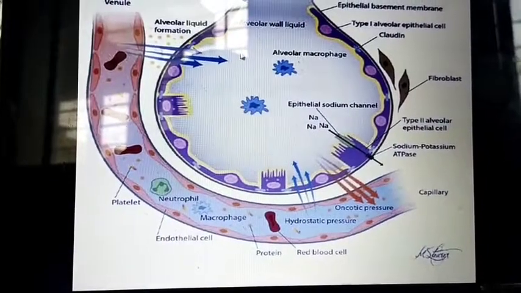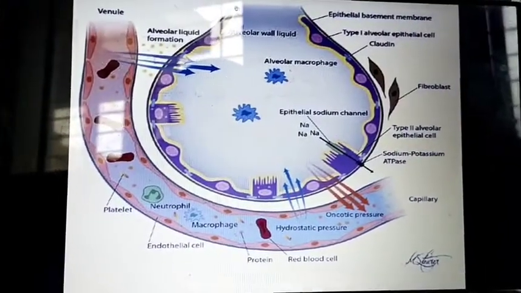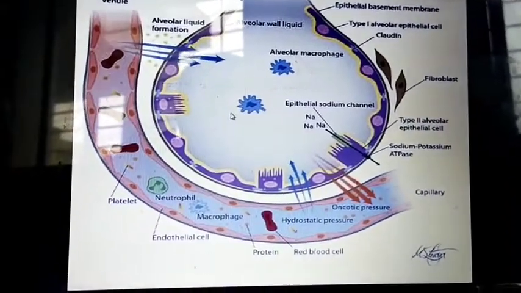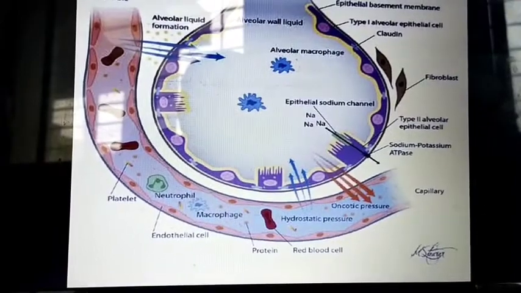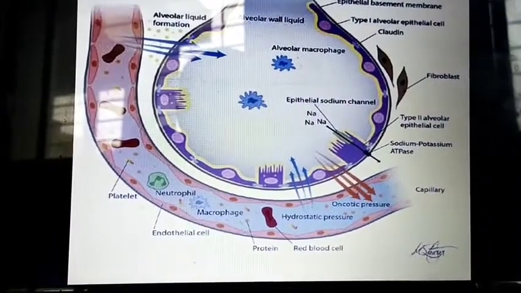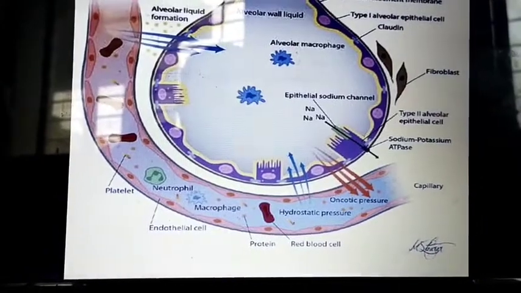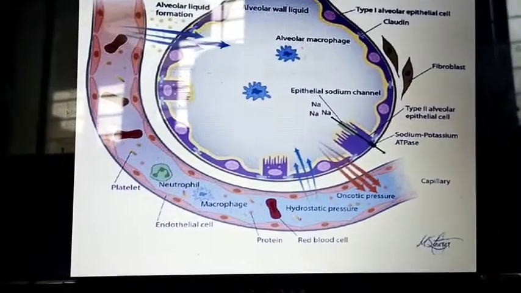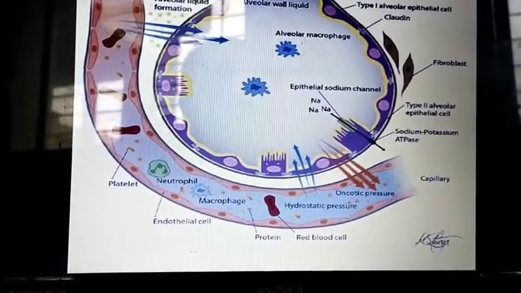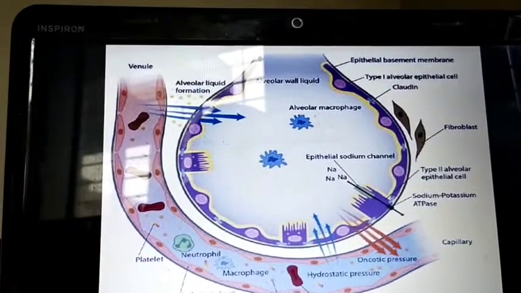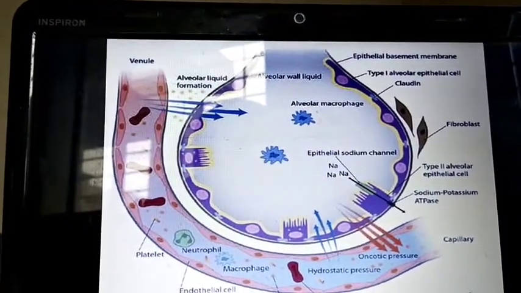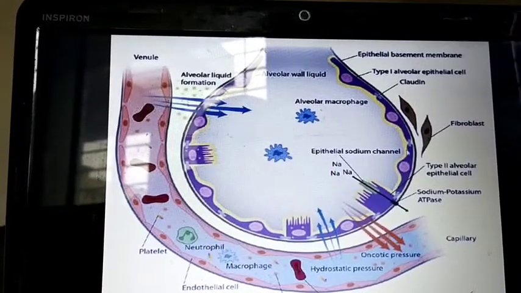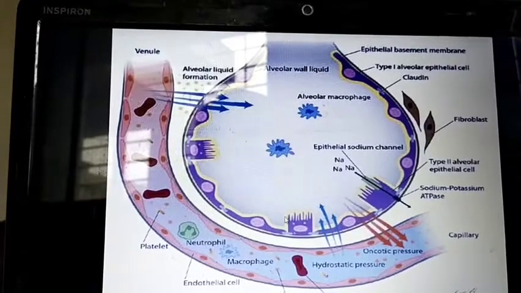Now the structure of the alveoli. The alveoli mainly contain two types of cells: one is the type 1 alveolar epithelial cell, or type 1 pulmonary cell, and the other is the type 2 alveolar epithelial cell. The type 2 alveolar epithelial cell produces a liquid that attaches to the inner surface of the alveoli.